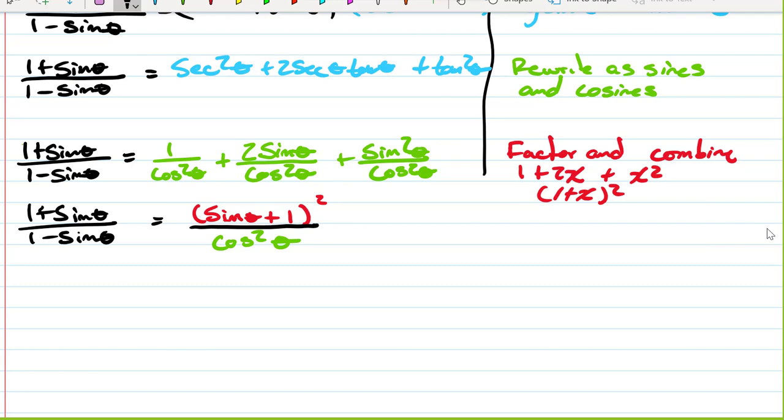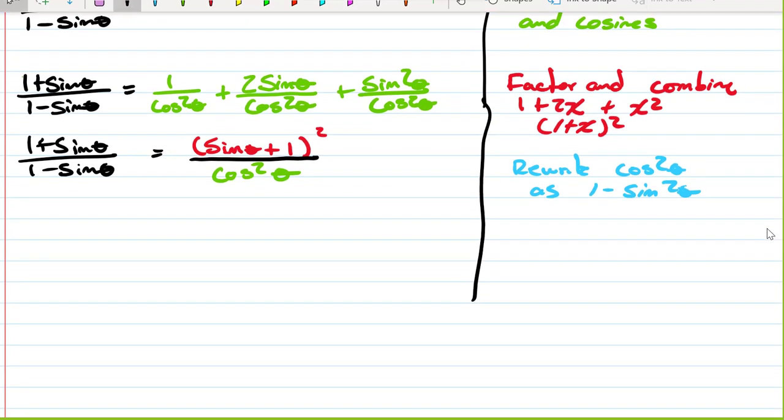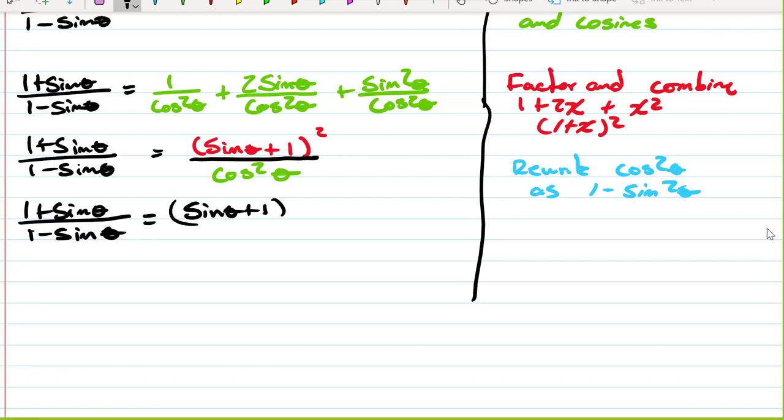Since the left-hand side has only sines in it, let's rewrite cosine squared theta as 1 minus sine squared theta. Then we have 1 plus sine theta over 1 minus sine theta is equal to (sine theta plus 1) squared over 1 minus sine squared theta.